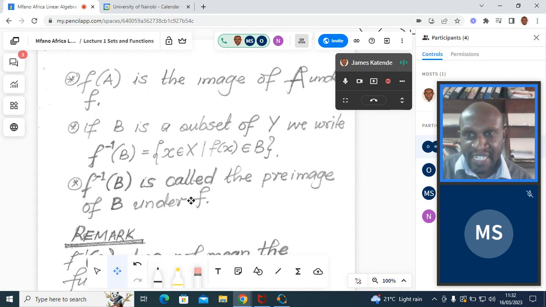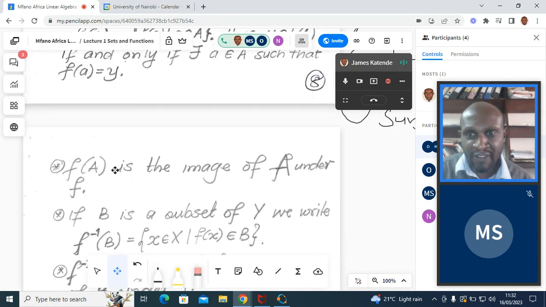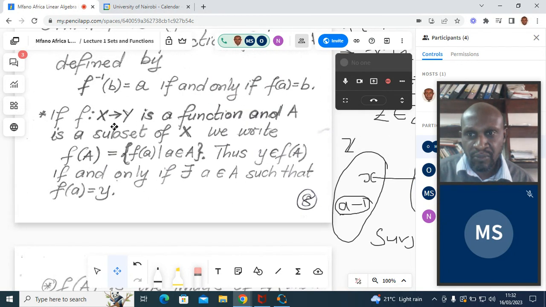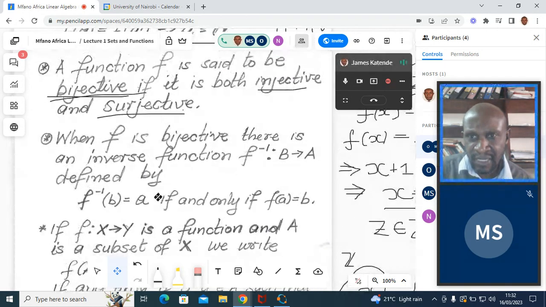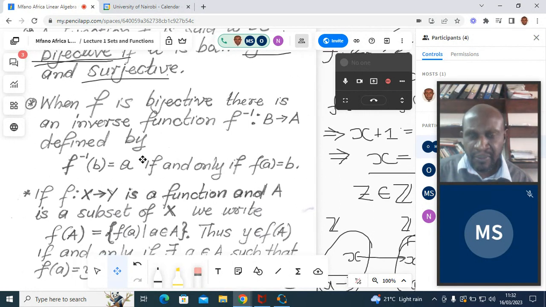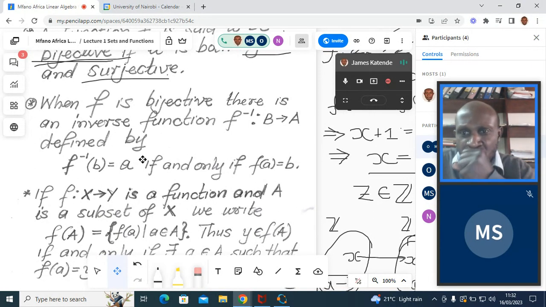So there's another concept for functions. If f is bijective, it's one to one and onto, there is an inverse function.